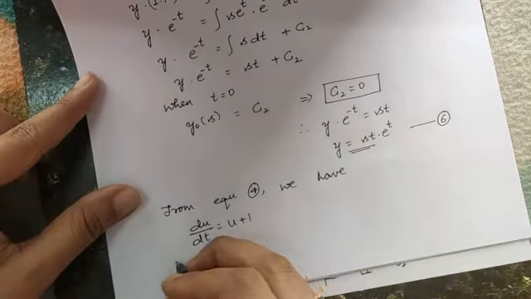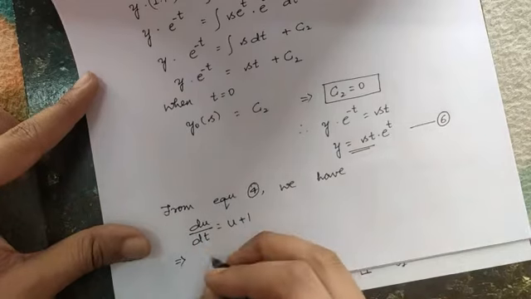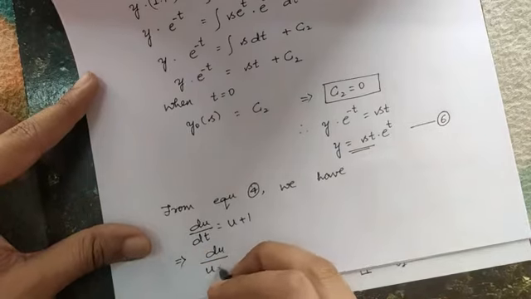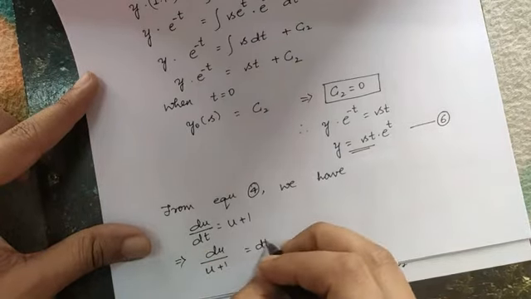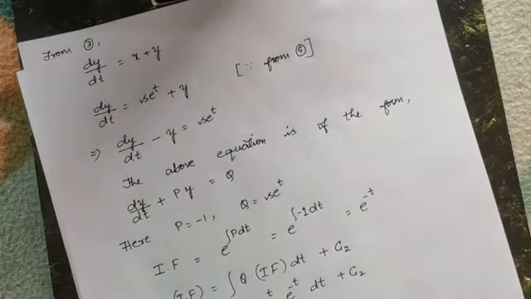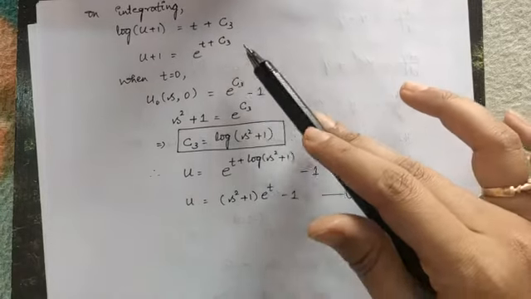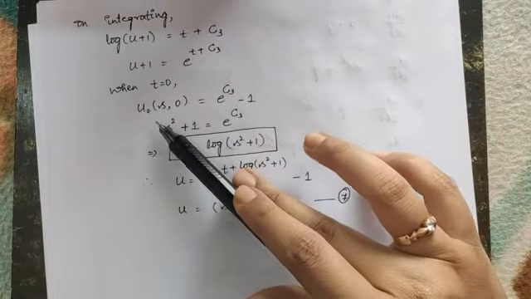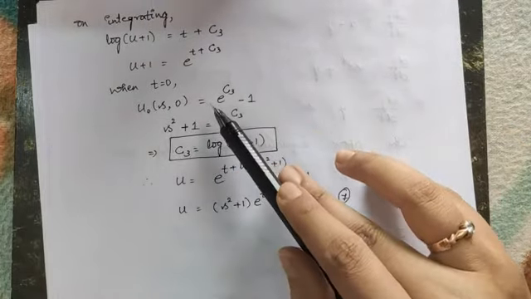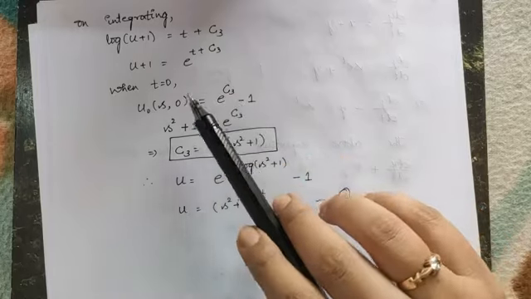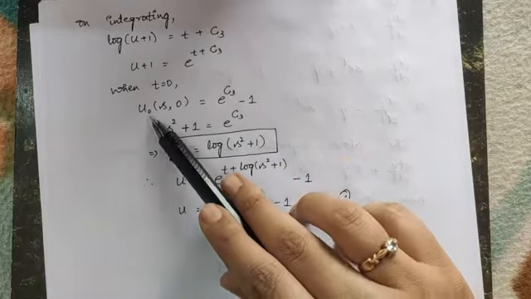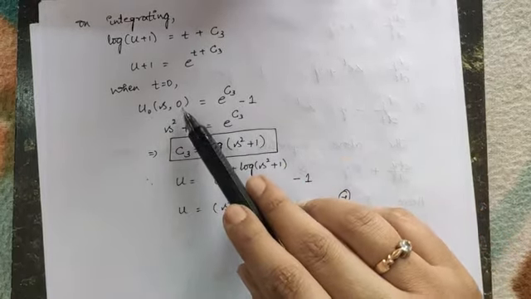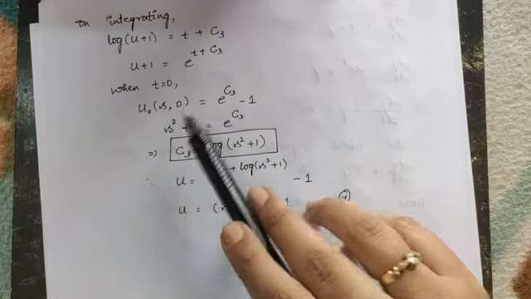So we can integrate this very easily. du by u plus 1 is equal to dt. I have integrated here. So when t is equal to 0, you will get u naught of s comma 0, which is equal to e power c3 minus 1. u naught of s comma 0 is nothing but s square from the given data.